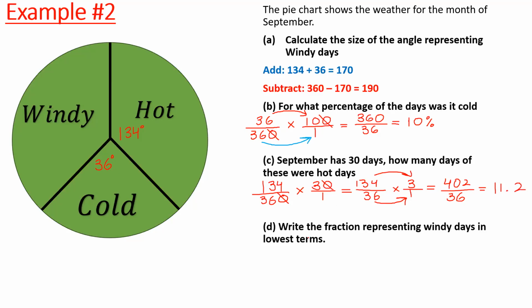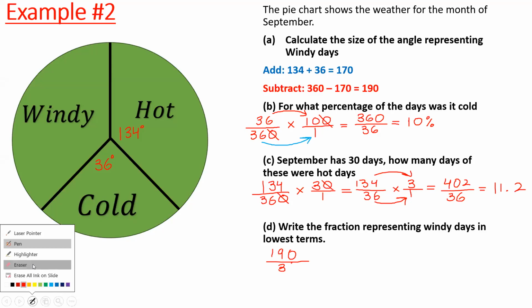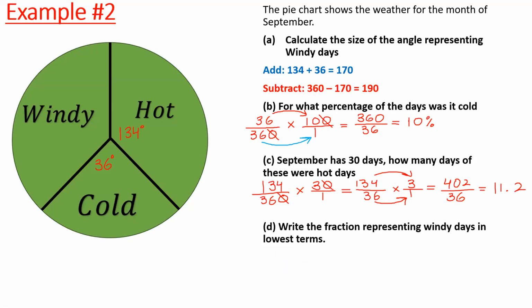All right, write the fraction representing windy days in lowest terms. Windy days is 190. It's going to be 190 all over 360.